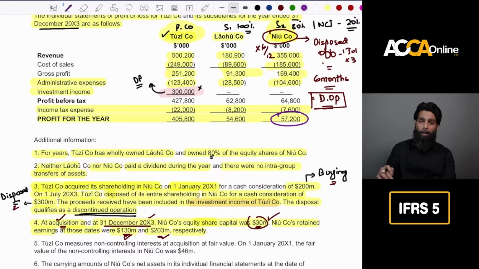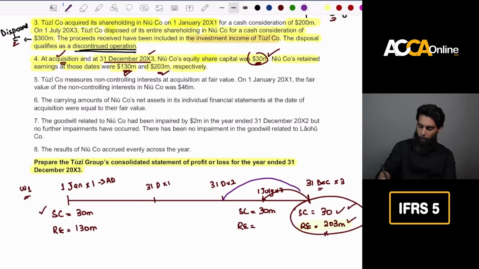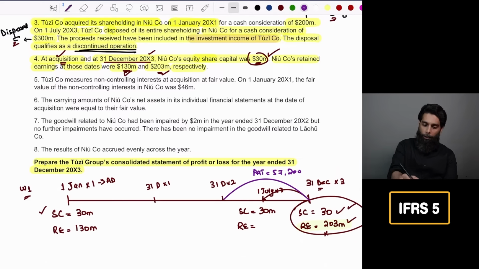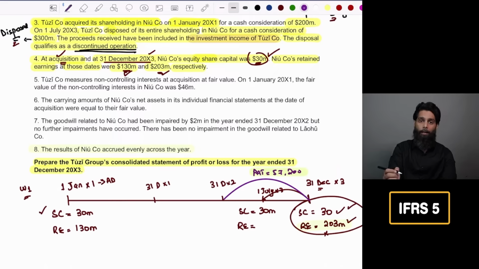And you see that the new company earned 57,200 during the entire year. So the new company in the entire year earned PAT of 57,200. And if you see this closely, the examiner says the results of the new company accrued evenly throughout the year. So basically you earned 57,200 in the entire year.